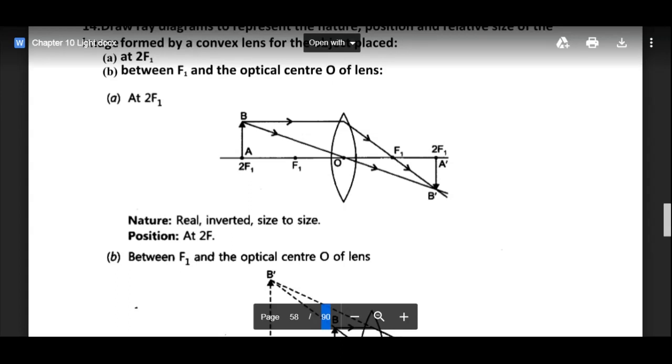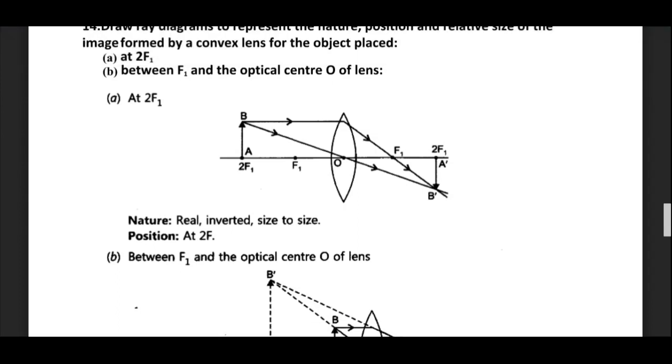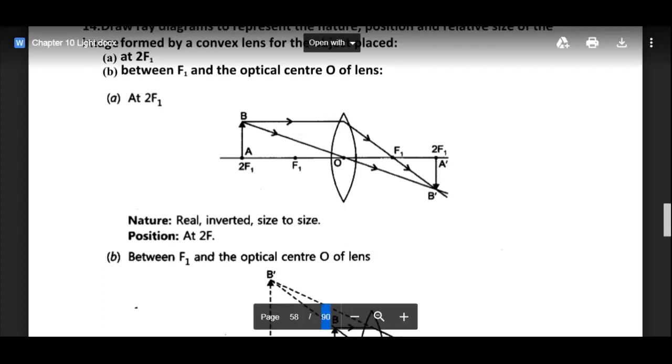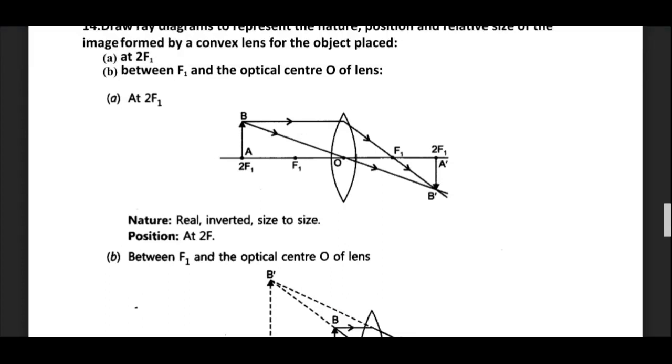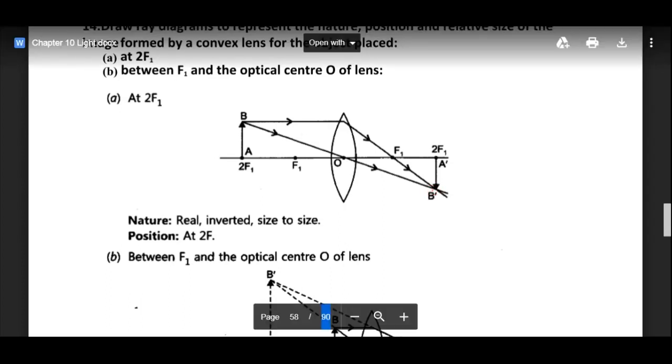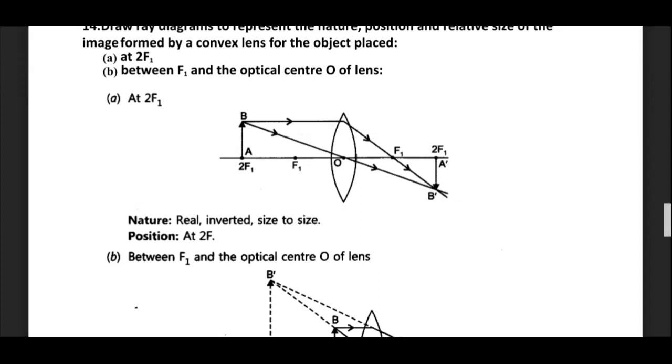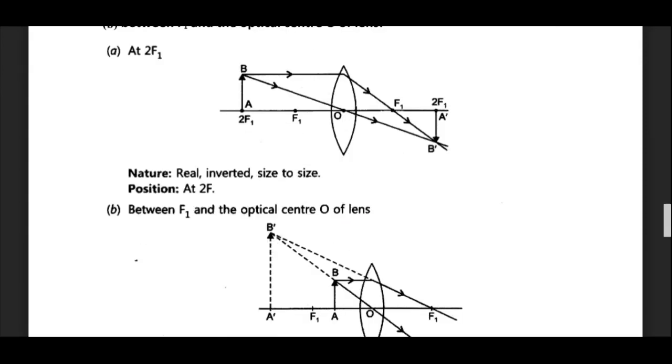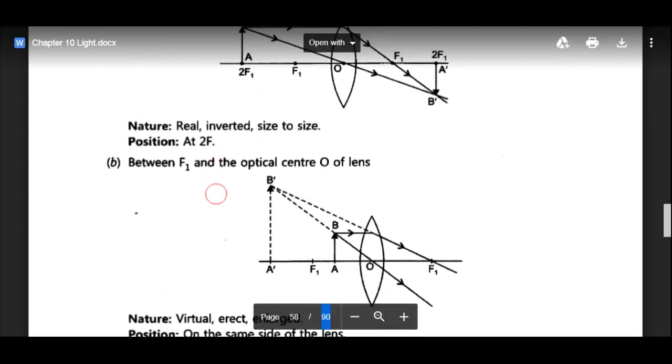The object is placed over here, a ray goes parallel to the principal axis and passes through the focus, and the other ray passes through the optical center, intersecting the first ray at 2F2. So the nature of the image is real, inverted and of the same size as the object, and the position is at 2F2.